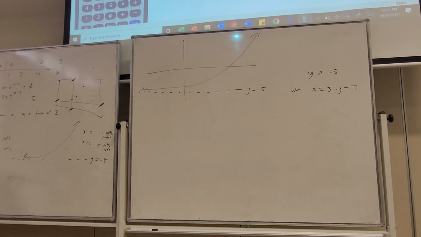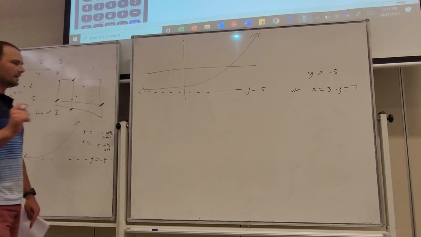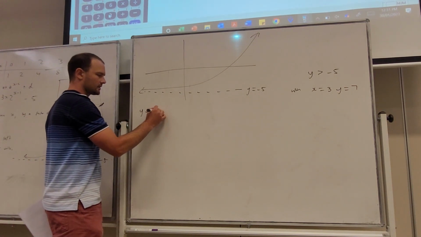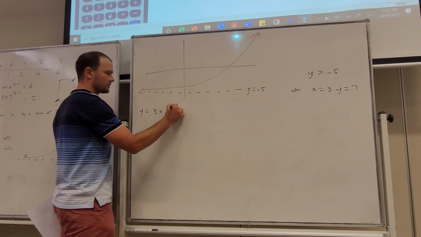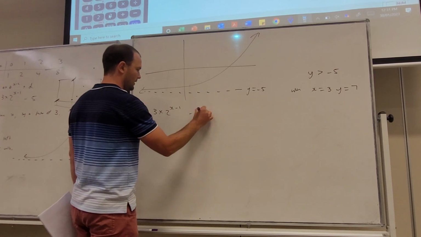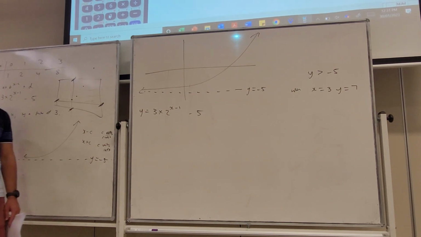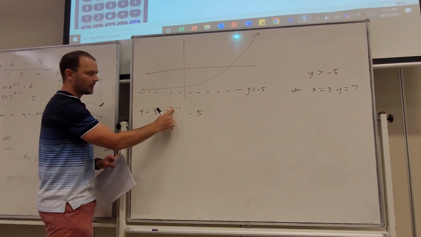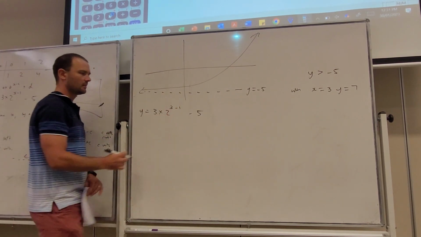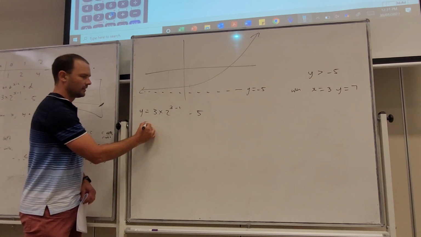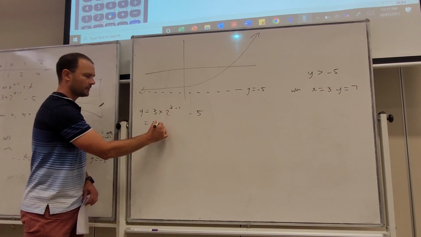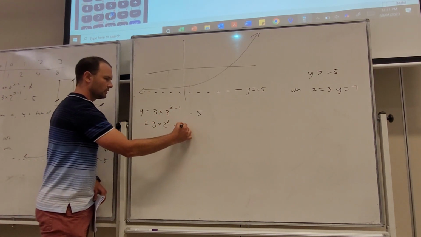That shouldn't shock us, because let me show you why else we know that is true. We're going to make lots of connections. What is it? 3 times 2 to the x take 1, take 5. This is our function, and we're saying, what is the y value when x is 3? All I'm doing is putting the number 3 where the x is. Then we process that using BEDMAS, we have to do the exponent first. We have 3 times 2 to the power of 2, take 5.